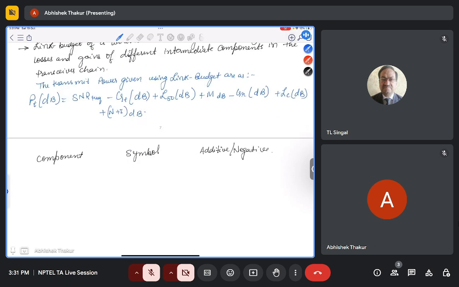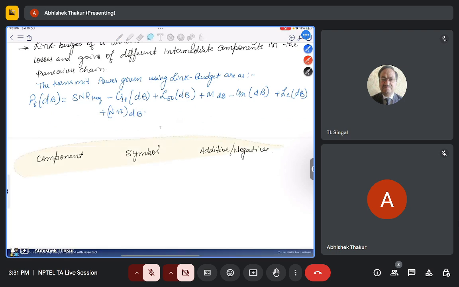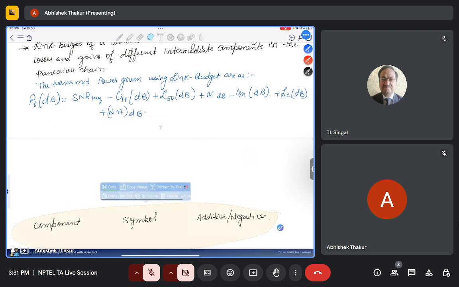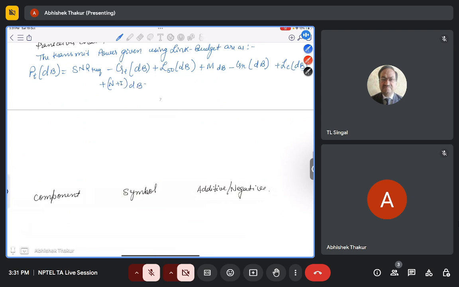Now when we write this equation for SNR required, all the terms on the right hand side will go to the left hand side with the opposite sign.